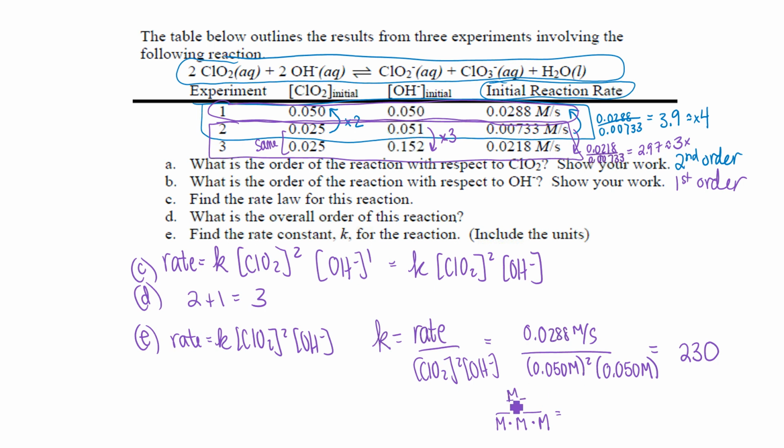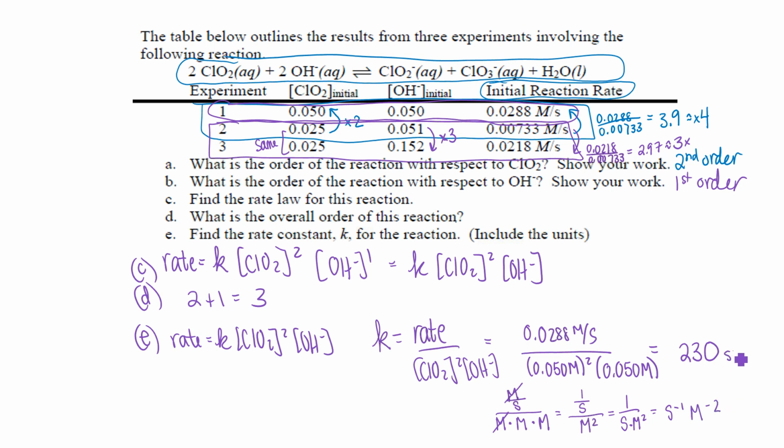So I've got 1 molarity on the top, so I can cancel out one of those molarities on the bottom. So what's left is the top is 1 over seconds, so it's like an inverse second, and the bottom is molarity squared. So I can write that as 1 over seconds times molarity squared, or I can write this as S minus 1 M minus 2.